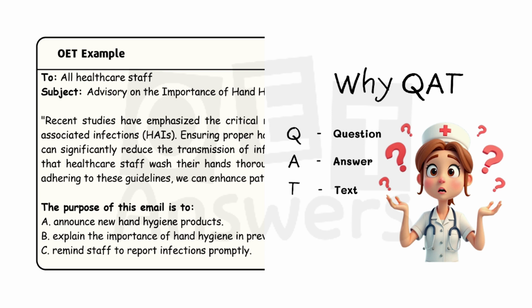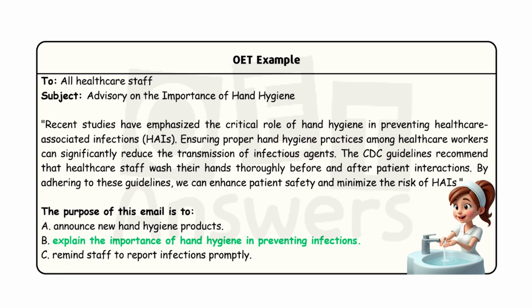We cannot take any answers directly from the paragraph, as I said previously. So you have to read the passage and get the overall understanding. That's the reason we are following this approach. Clear? Already I have explained the OET related example. The exact answer, explain the importance of hand hygiene in preventing infection, you can see visibly here. I hope you have got almost an idea regarding this.